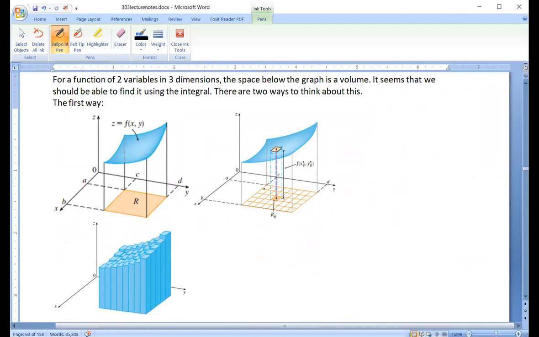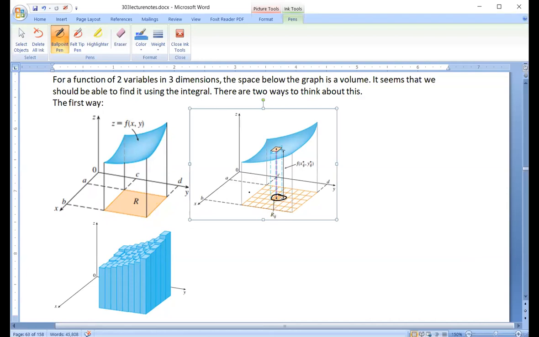We need to break up our region. How do we break it up? We break it up into the objects for which we know the area in the easiest way, and those are rectangles. So we've got all these little rectangles, and I'm going to call each one ij.